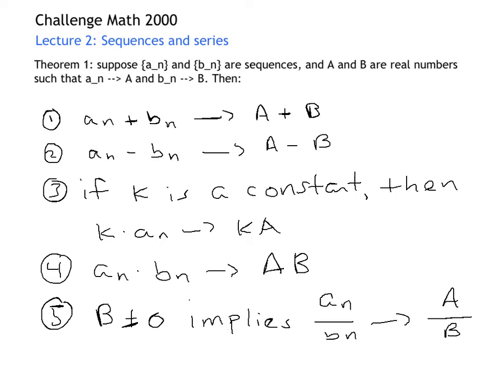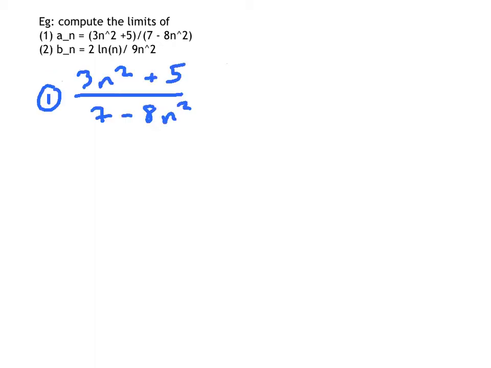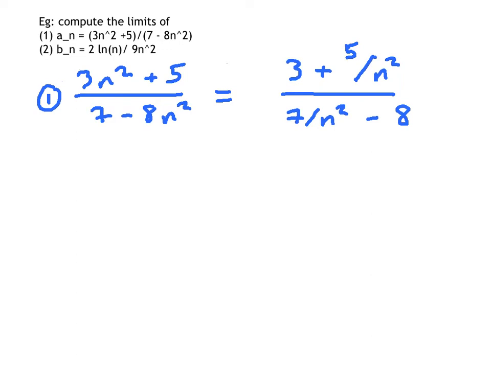Now let's see what we can prove just armed with this theorem and theorem 4 that we discussed last time. So let's compute the limits of these two examples. We'll start with number 1. We have 3n squared plus 5 over 7 minus 8n squared. And we can rewrite this nth term by dividing everywhere by n squared. Now we know that 7 over n squared, well, the denominator is going to go to infinity, so this term goes to 0, and similarly 5 over n squared goes to 0.